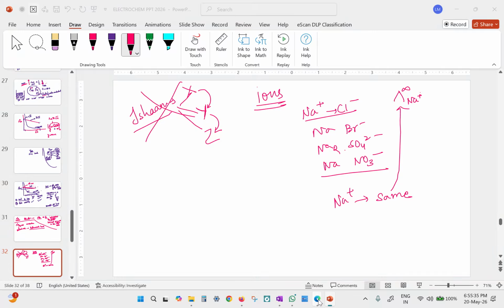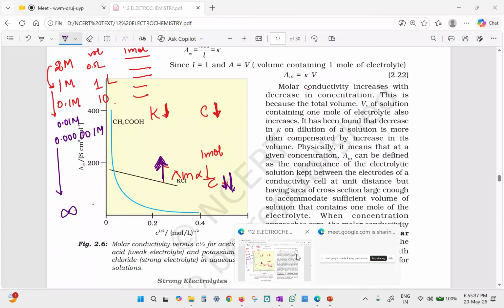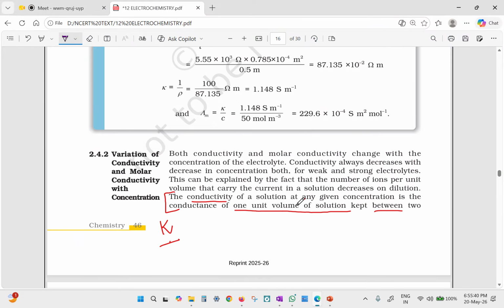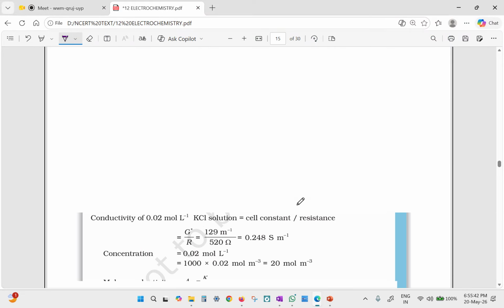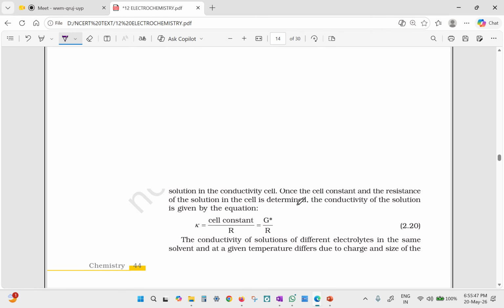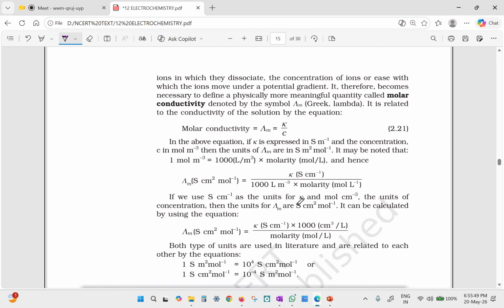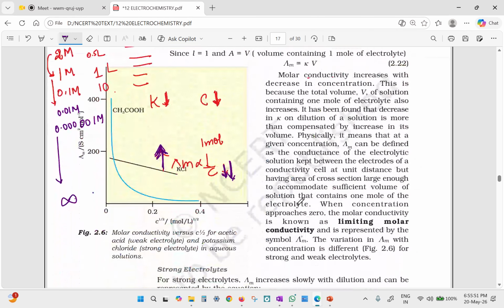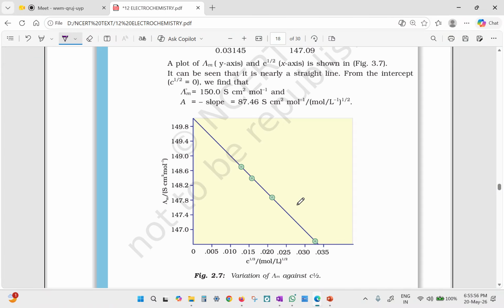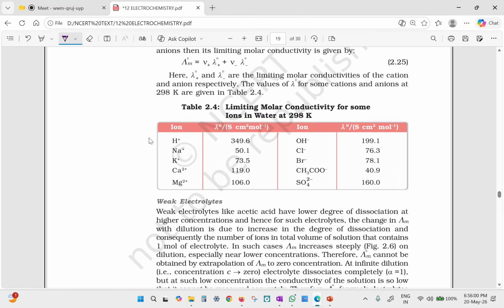So this helps us to actually get the limiting molar ionic conductivity of the various ions. I'm just going to show you the values. It is independent of what it is paired up with. See, the H plus can contribute this much conduction ability. Look at the unit.